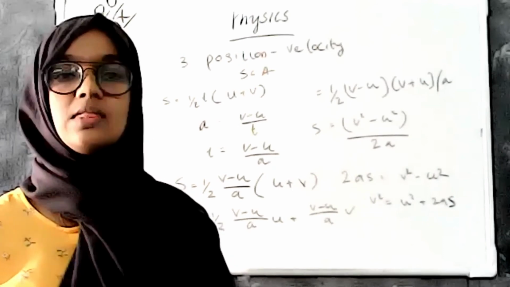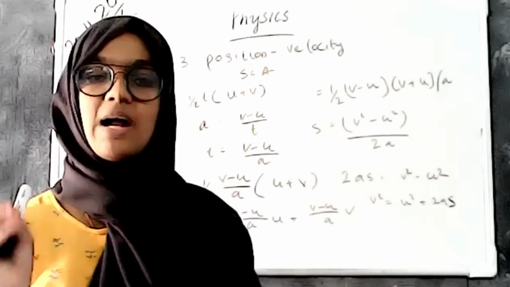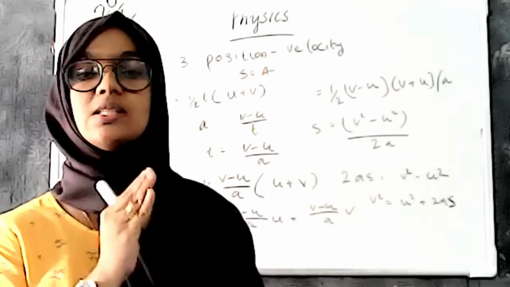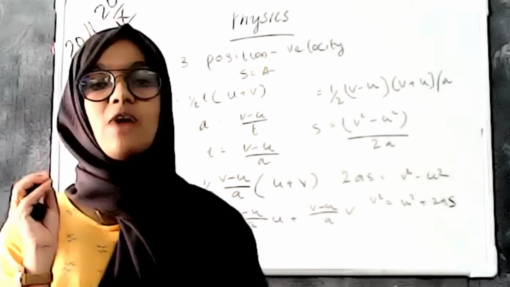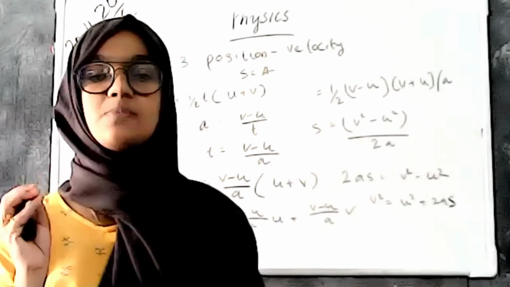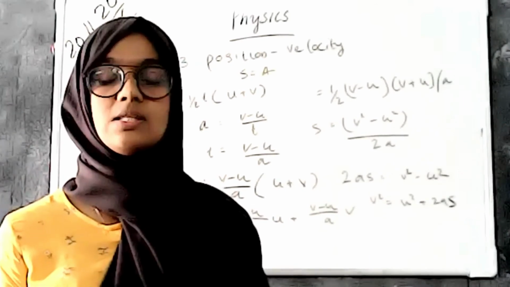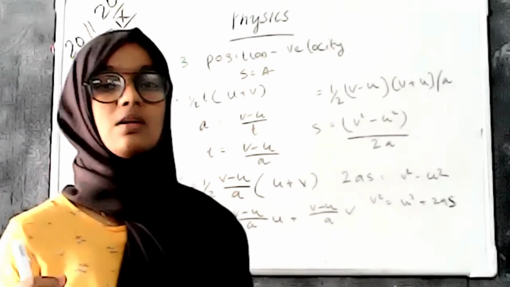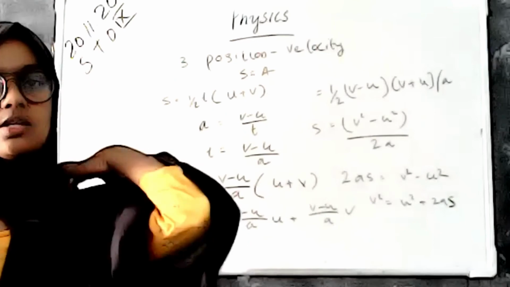So this is the third relation. There are only some mathematical findings and some substitutions in the three equations. So remembering what the change or substitution is in each derivation makes it easy to derive the first, second and third equations of motion.